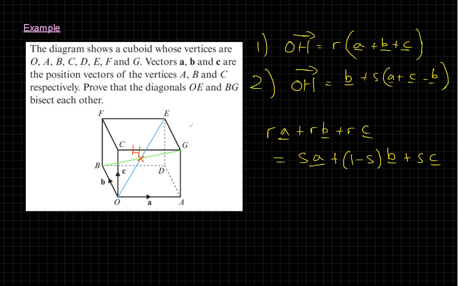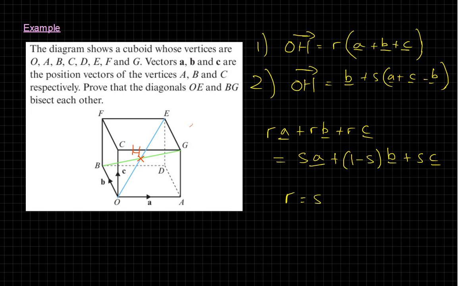Okay, so comparing coefficients here, what am I getting? I'm getting several results here, or two. Clearly then, because a, b and c are non-coplanar, I can compare coefficients. So r must be the same as s by comparing these two. By comparing the c coefficients, it's the same thing. r must be the same as s. So what about this one?